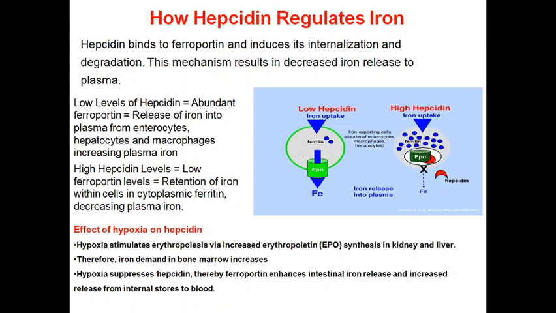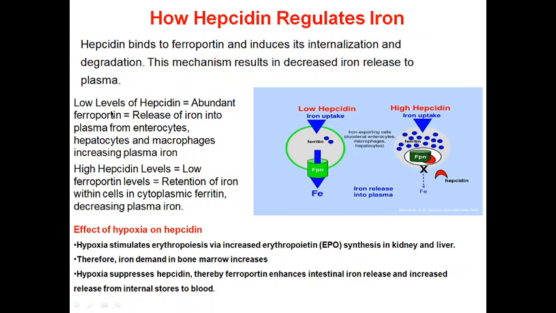So if hepcidin levels are high, we will get low levels of ferroportin. That means retention of iron within the cells as cytoplasmic ferritin, and that will decrease the amount of iron absorbed or released into the plasma.